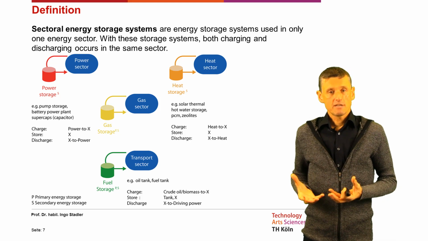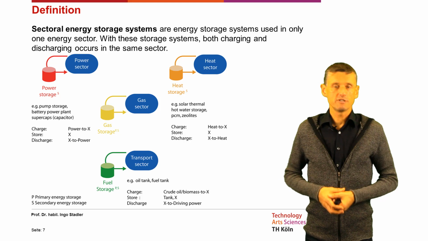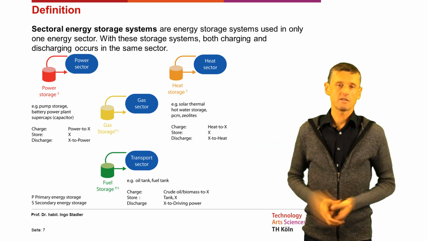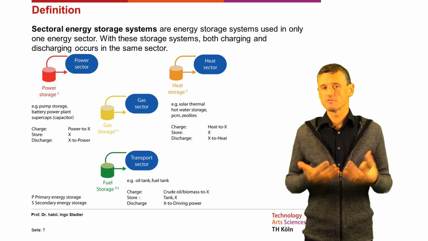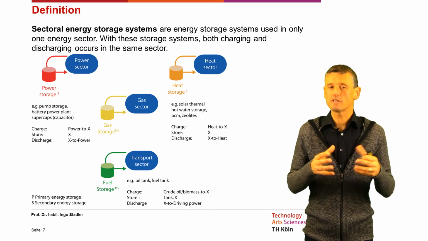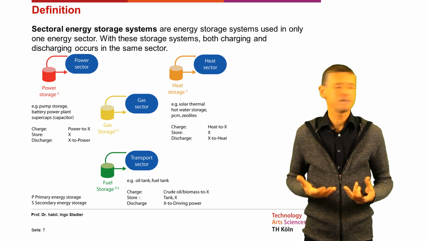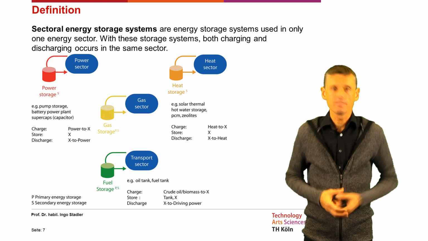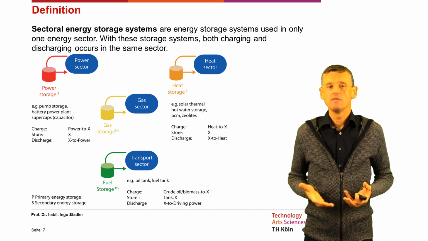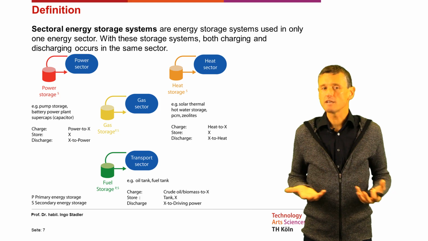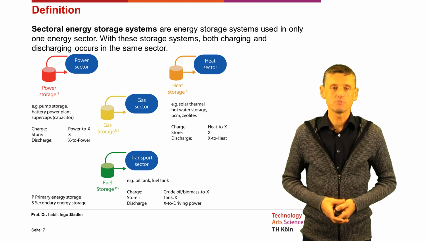Then we have the heat sector, where we produce heat, store heat, for example in a hot water tank, and also use it in the heating sector as heat. The same with gas: we import gas from other countries, store the gas in our country in salt caverns, and discharge the gas into gas pipelines again. We have the gas sector. Or the transport sector, where we have oil tanks and fuel tanks, and everything is kept in the transportation sector.